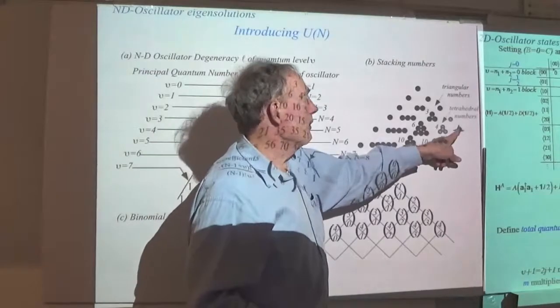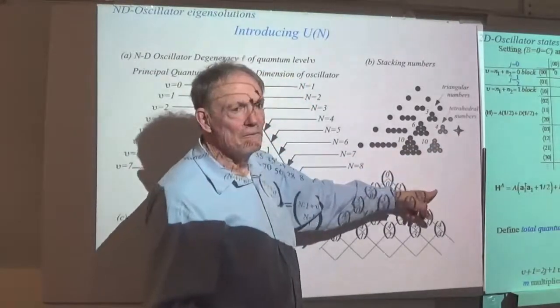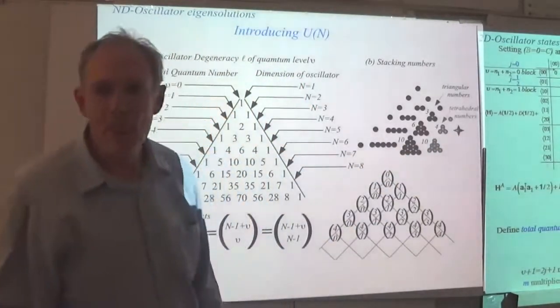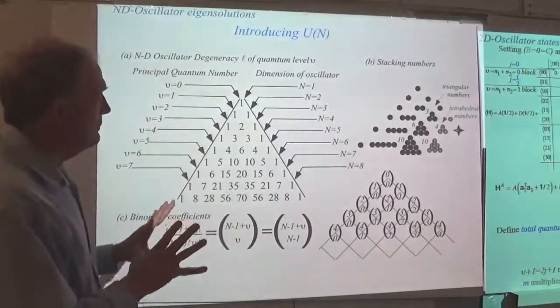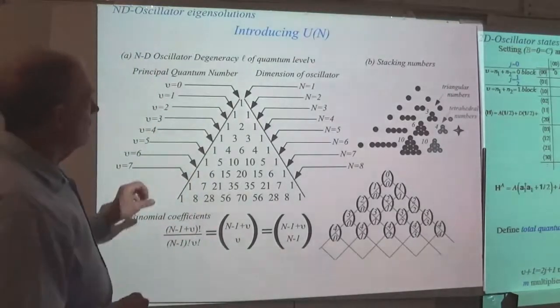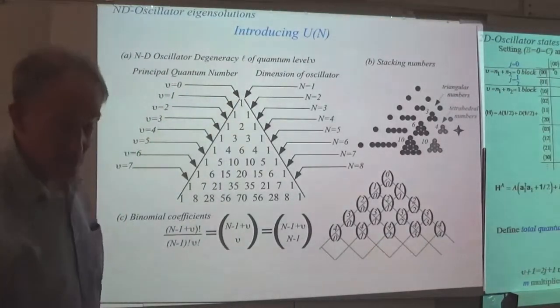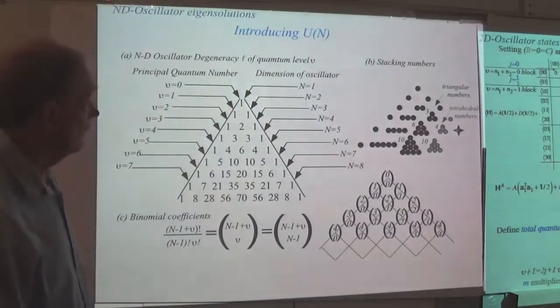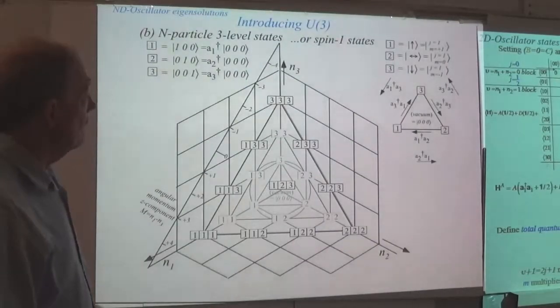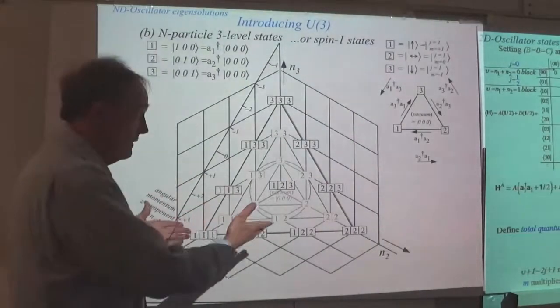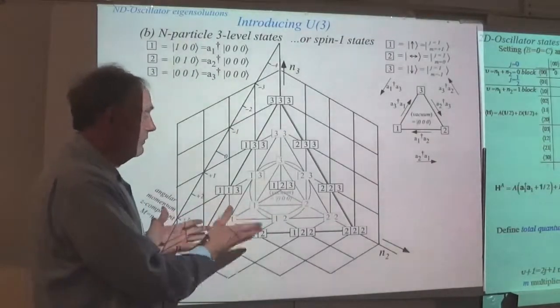And then I can't draw past that. It's 4-dimensional. So this is the geometry and the algebra of just the dimensions and the quantum number of harmonic oscillators.